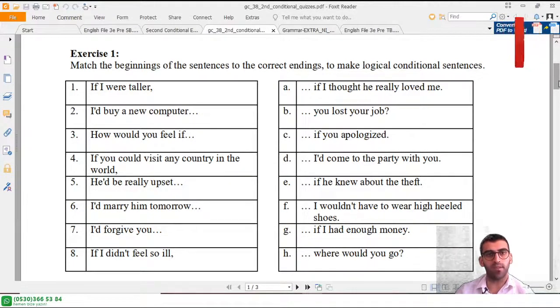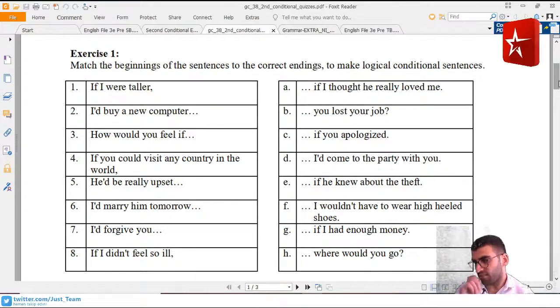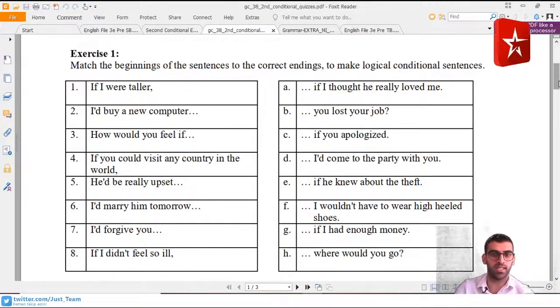Number 1, if I were taller. Azime, Tuka, Sıla and Gülsafa say number 1 is F. If I were taller, I wouldn't have to wear high-heeled shoes.